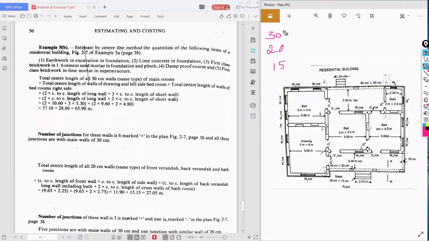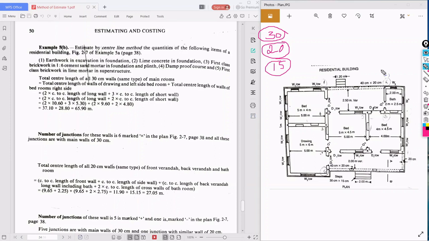If all the walls in the residential building are 30 centimeter walls, then the problem is very easy. If it has 20 centimeter walls or 15 centimeter walls, then we should be very careful. If you have mixed types of walls in a residential building, then we need to take care.